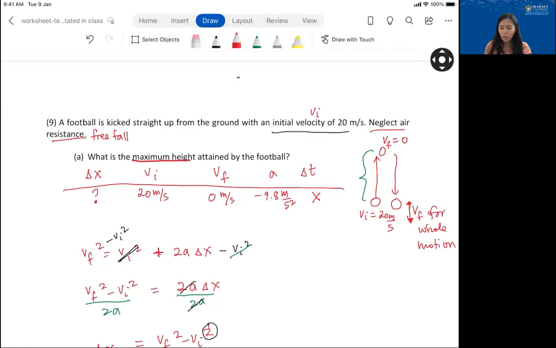Otherwise, if you're looking at the whole motion, then VF will be here, which is negative 20 meters per second. So to make it simpler, let's just divide this into 2 parts again and look at the time it takes the ball to reach the maximum height, okay? And solve for the time it takes to reach this maximum height where VF is equal to 0.